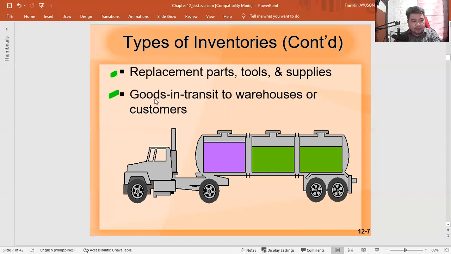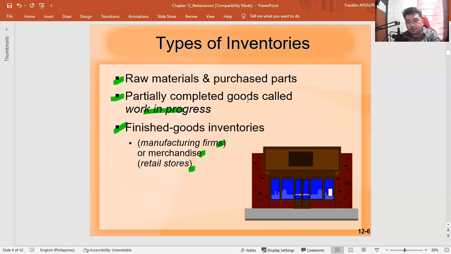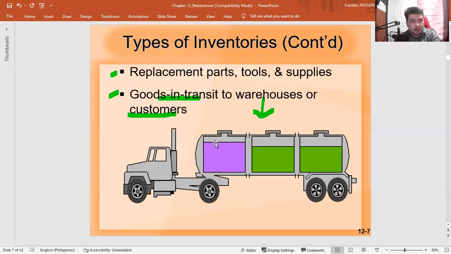So these are goods in transit, either incoming to our warehouse or outgoing to our consumers. They are still part of our inventory, along with the replacement parts, tools, supplies, raw materials purchased, partially completed products, or finished goods in our warehouse.